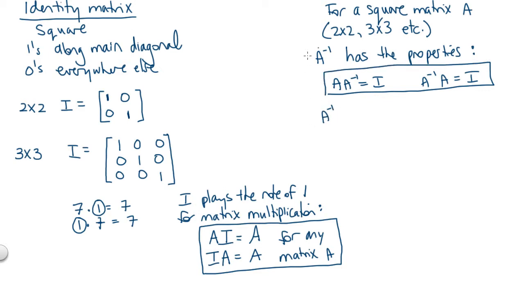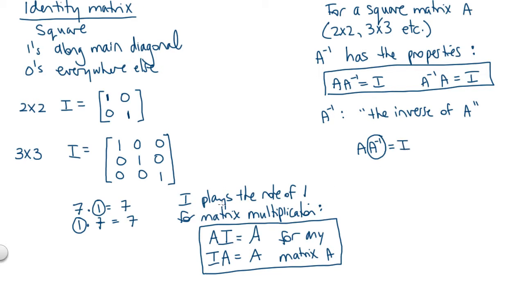And as I pointed out a little bit earlier, A to the negative 1, when we see that symbol, we read it the inverse of A. So if we take a matrix A and we multiply it by the inverse, this inverse matrix comes along and undoes A and gives us the identity matrix.